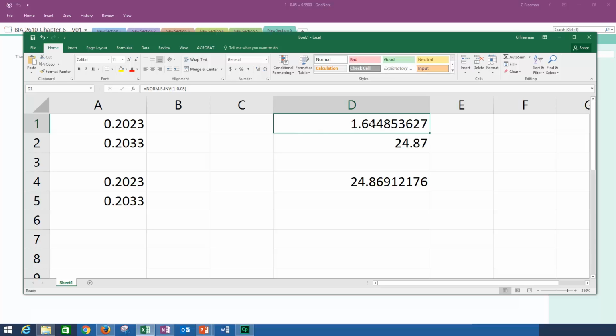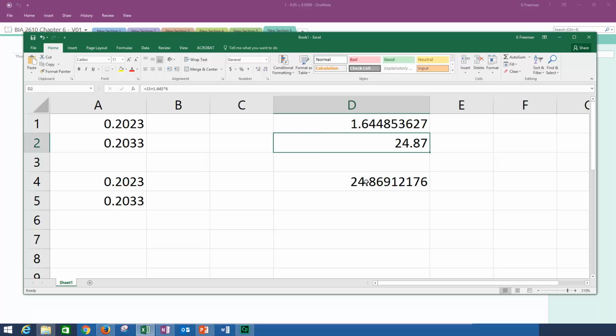But what's really cool is Excel will do this calculation for you. You don't have to take the z-value and plug in the mean and the standard deviation and manually do this calculation. The form, not the standard form, but just the normal inverse, will do that calculation for you.